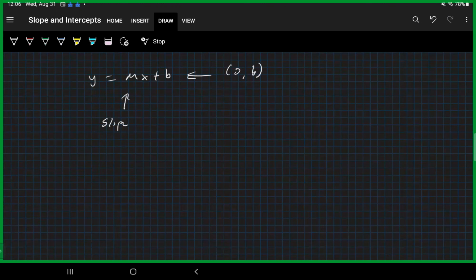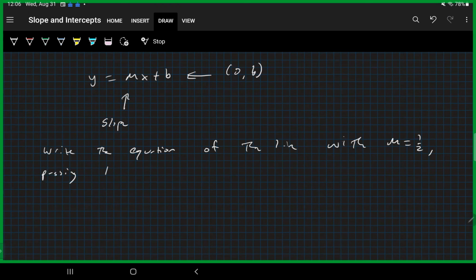So if I am given a slope and a y-intercept, I can come up with an equation right away. So if I have a line with slope 1/2 and passing through 0, 4, let me rewrite that.